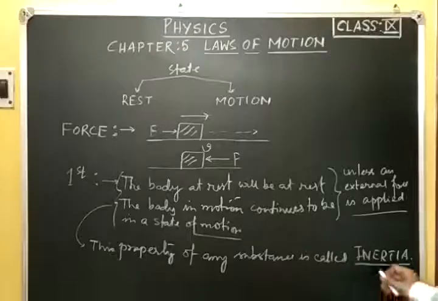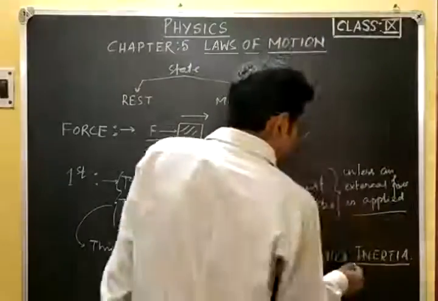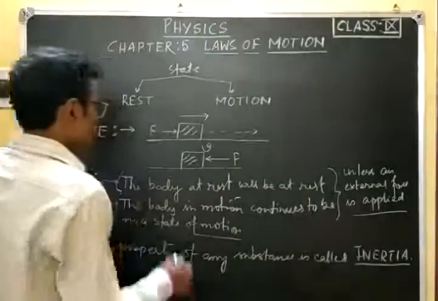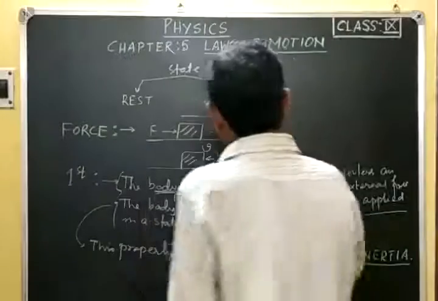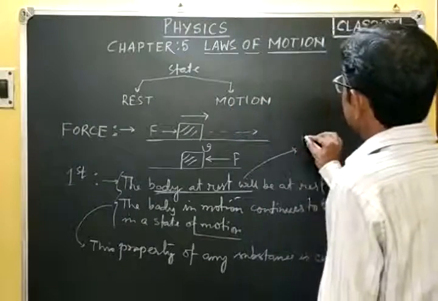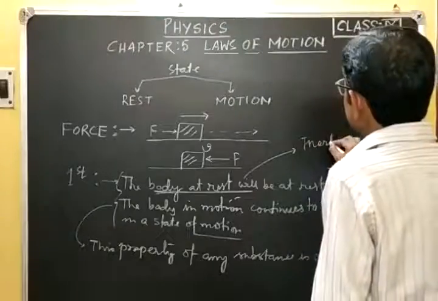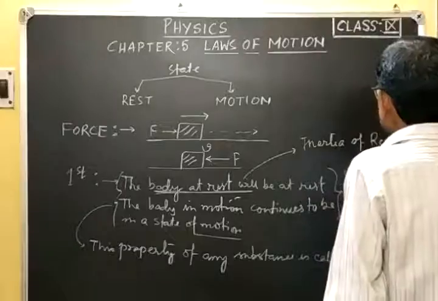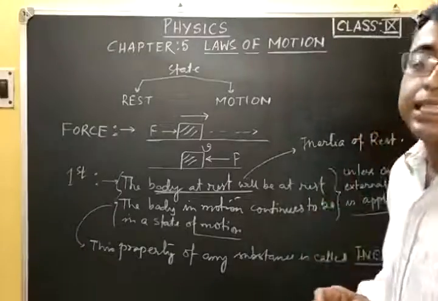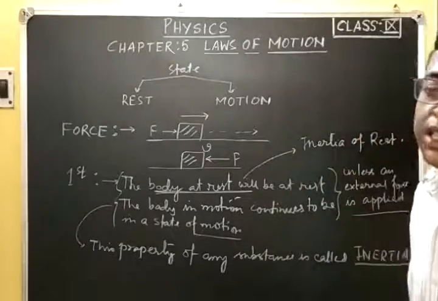Remember, inertia can be classified into two basic categories. When the body is at rest, this type of inertia is called inertia of rest. Remember, when the body is at rest, it tries to retain its condition of rest.